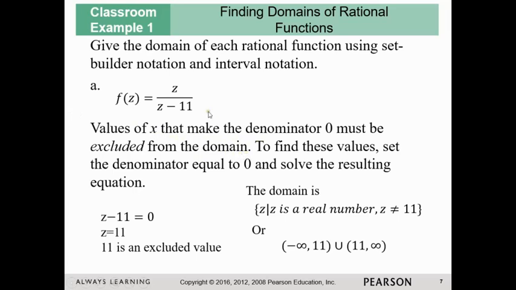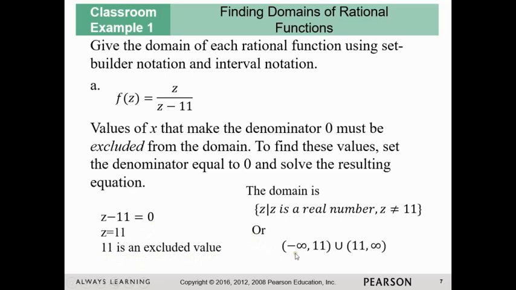If you remember from chapter 4, we set the denominator equal to 0 and solve to find an excluded value. As it says here, to find each, set the denominator equal to 0 and solve the resulting equation. So we have z minus 11, we set it equal to 0, we add 11 to both sides, so 11 is an excluded value.